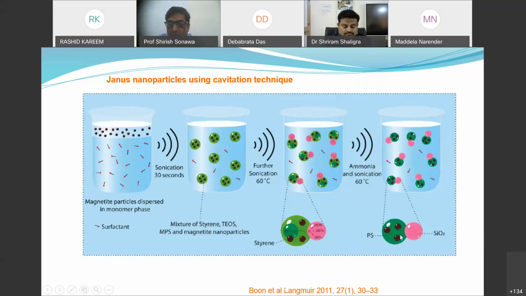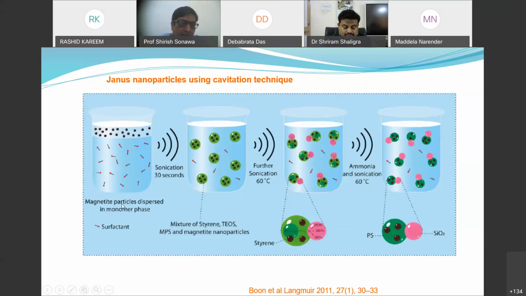The polymer will have a different chemical property, and the inorganic SiO2 will have a different property. And there are magnetic particles, for example iron particles. If you put them in, we can have this magnetic effect also. So the methodology is magnetite.